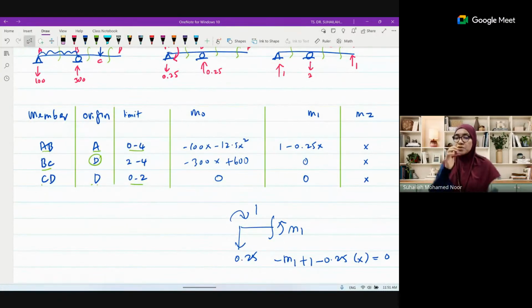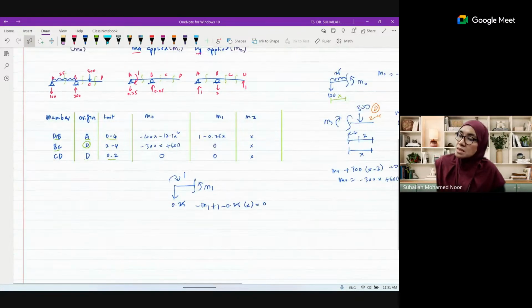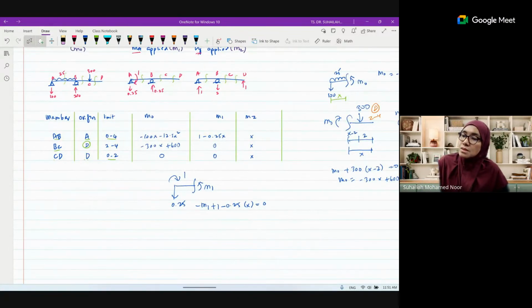Okay. So this table, kita dah calculate or write all the moment equation in all 3 system M0, M1, M2. Okay, so semua-semua ni just to visual lah the diagram tu.